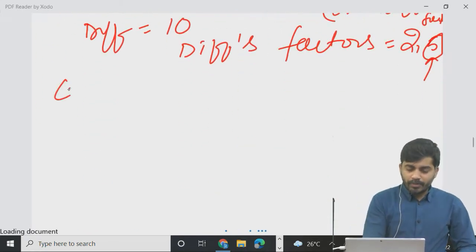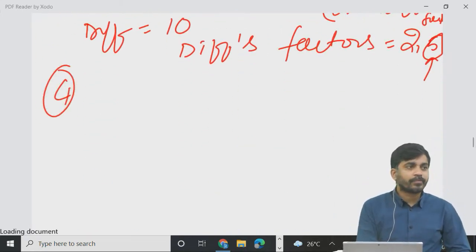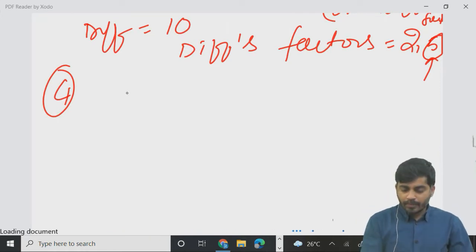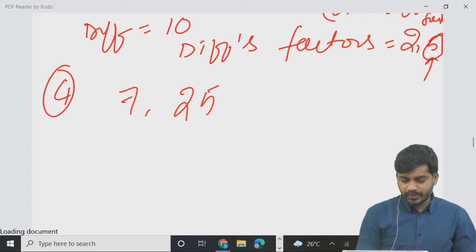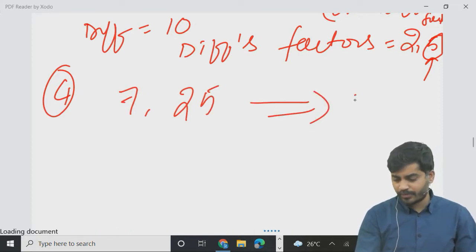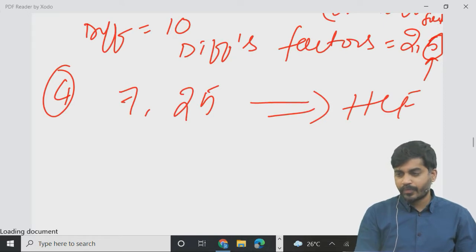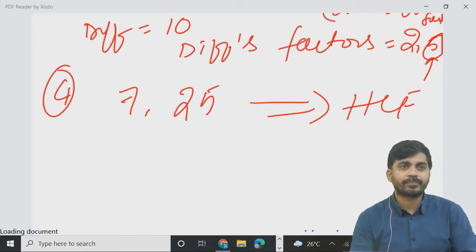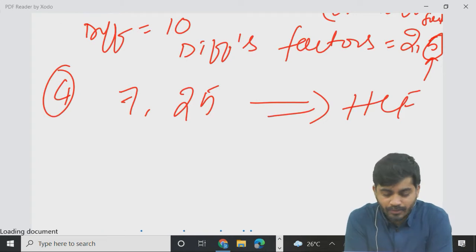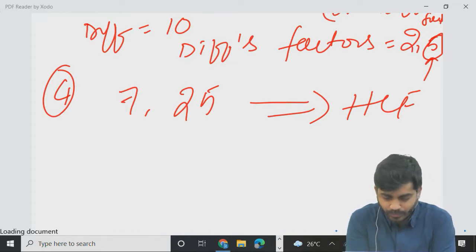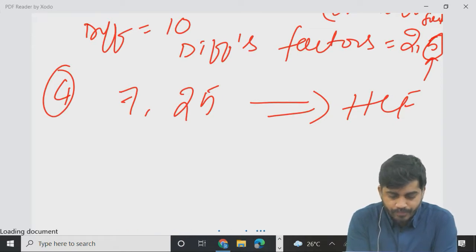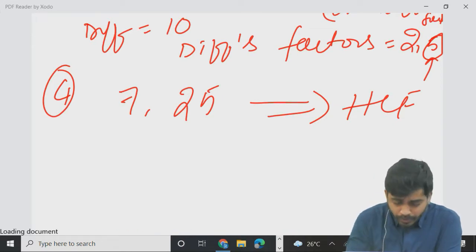In that case find the difference's factors, the factors of 10. One more example, the fourth one. Suppose 7 and 25 are given. What is the highest common factor? 1. 7 and 25 are co-prime numbers.